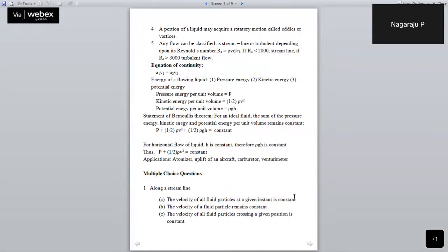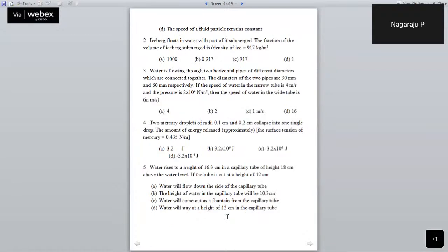This is the same definition which I have explained with respect to streamline flow. But let us see the other ones. The velocity of a fluid particle remains constant. The velocity of all fluid particles crossing a given position is constant. And the last one: the speed of a fluid particle remains constant.